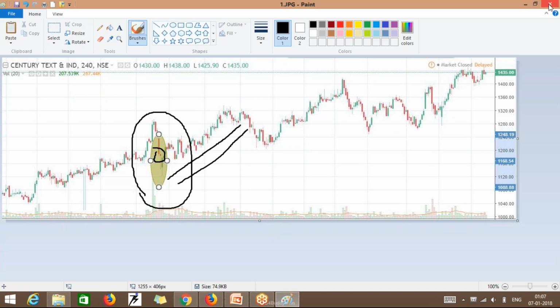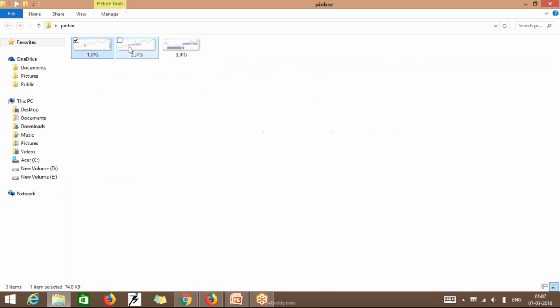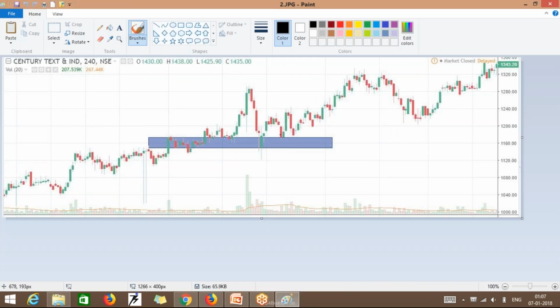Let me take into the other picture. This is the first picture with the other strategy, the feature which we have studied: it should form either at the resistance level or support level. So here you can see this is definitely the support zone.